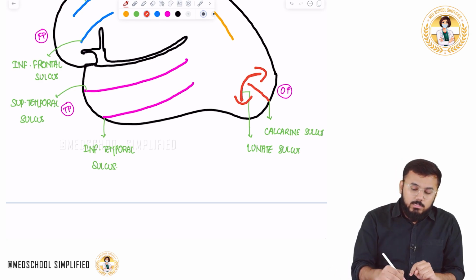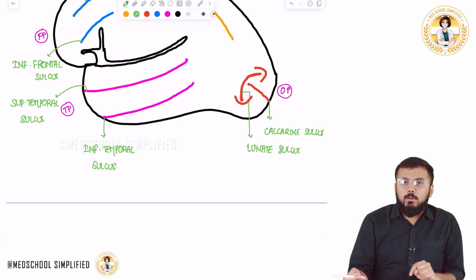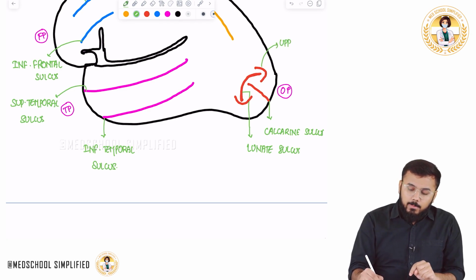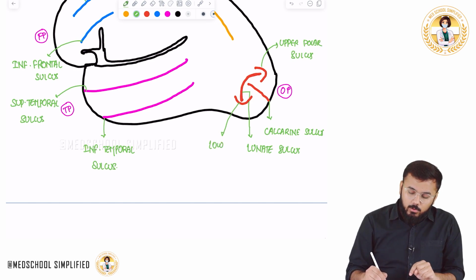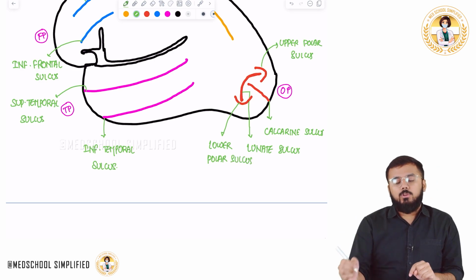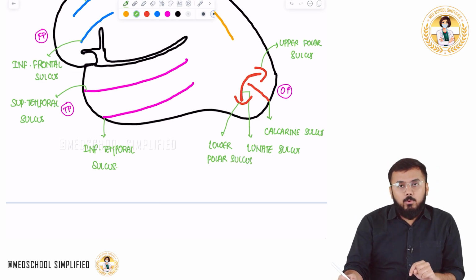The one located above is called the upper polar sulcus, and obviously this one should be called your lower polar sulcus. So two sulci you have here: the upper polar sulcus and the lower polar sulcus.